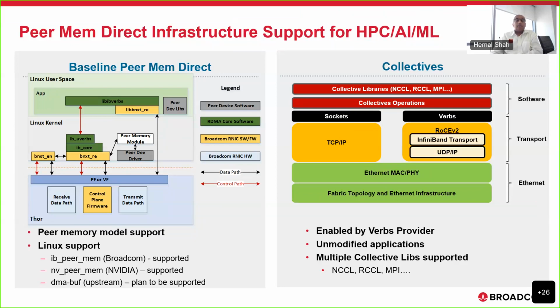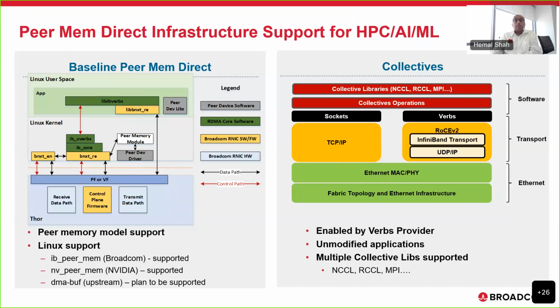As we know, for HPC and machine learning applications, the collectives are very important, depending on which application you are talking about, whether it's all-reduce, all-to-all, or scatter-gather. So all these vendors have their own optimized collective communication libraries, including the MPI libraries. All these collective operations underneath are using verbs.